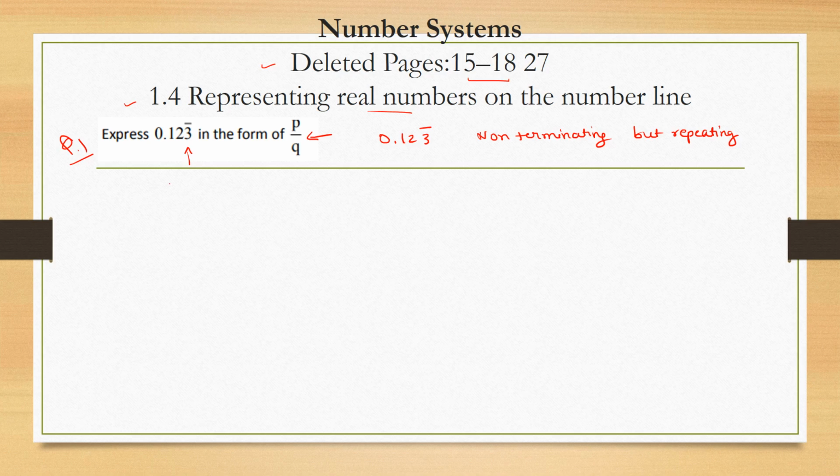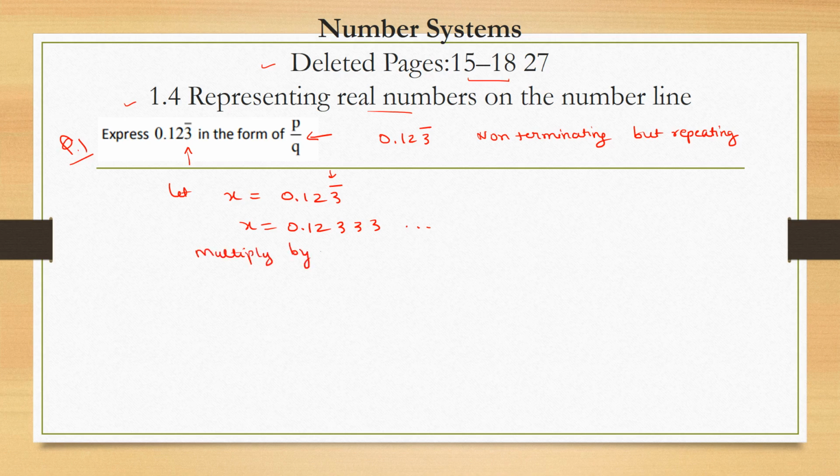So let x be 0.123 bar. When we say bar, can I expand it as 0.12333? Because 3 is going to be repeated, right? Now you have to check. Second step is how many digits are going to be repeated? Only one has bar on it. So you have to multiply by 10.